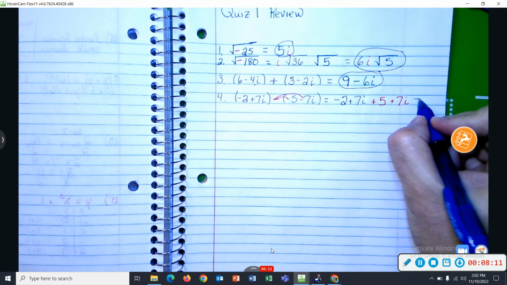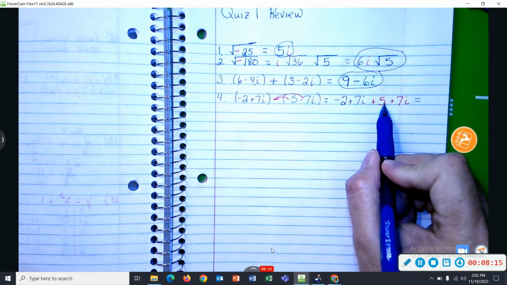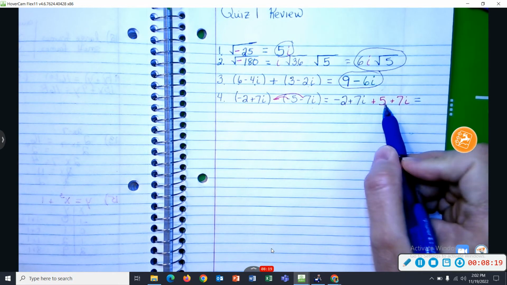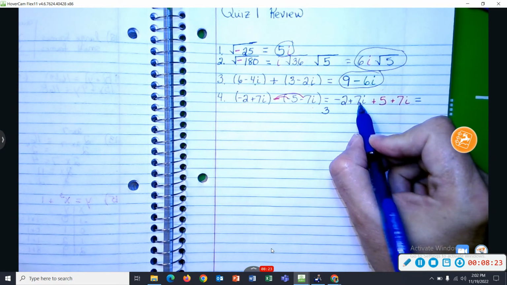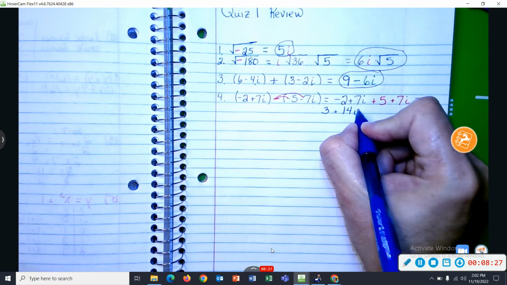And now combine the like terms. Add the real numbers together, then add the imaginary. Negative 2 plus 5 is a 3. 7i plus 7i is a 14i.